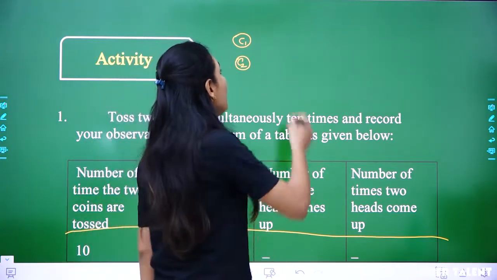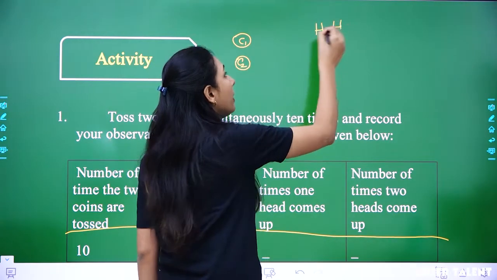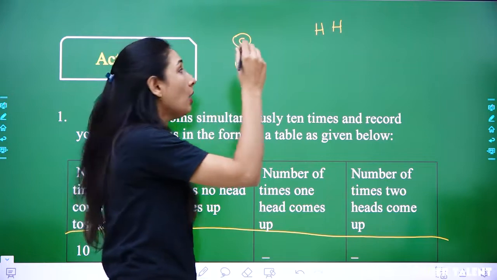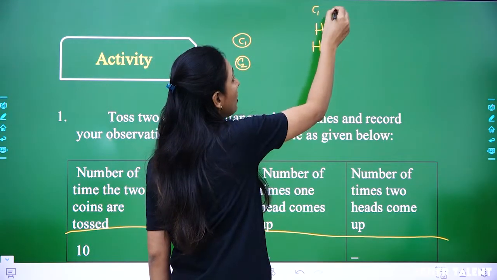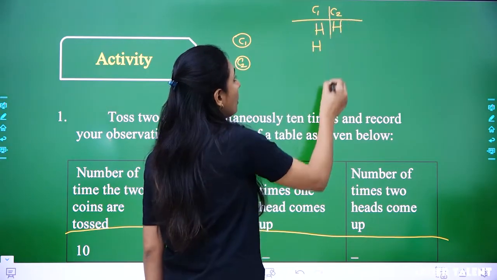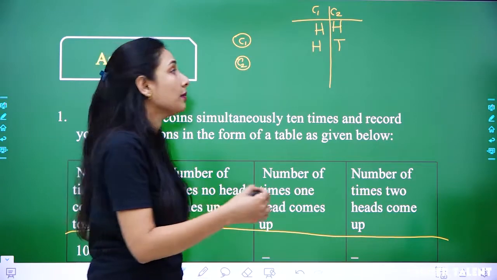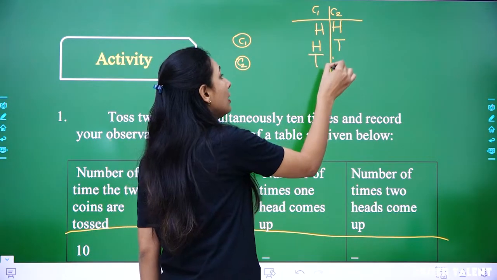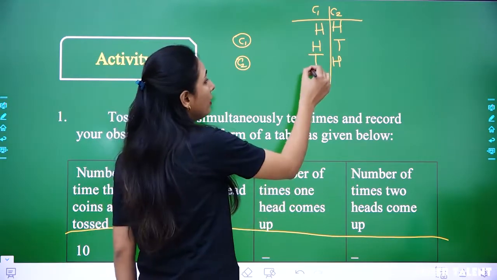Maybe C1 is head and C2 is also head. The second outcome may be that C1 is head and C2 is tail. The third outcome may be that C1 is tail and C2 is head. And the fourth outcome can be that both are tail.